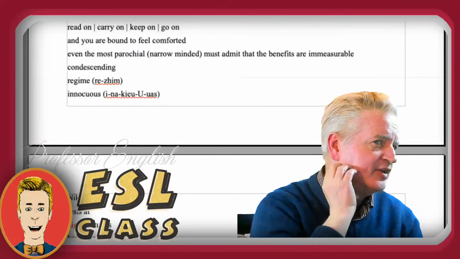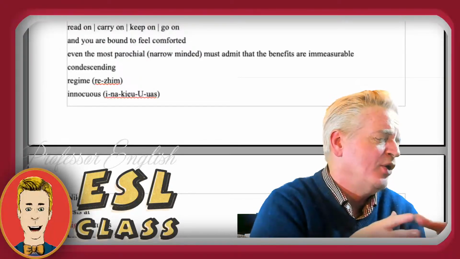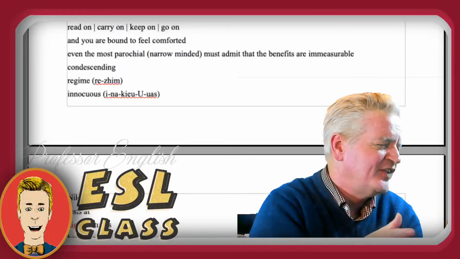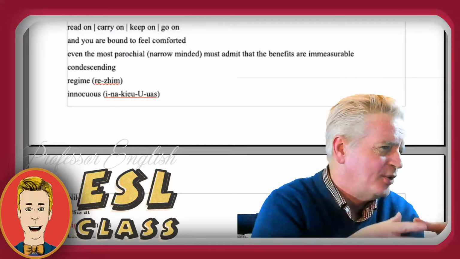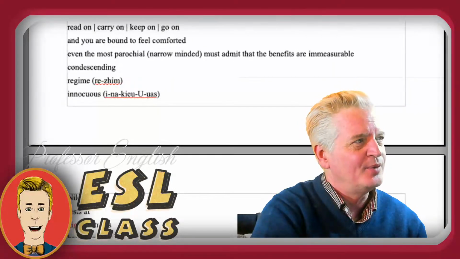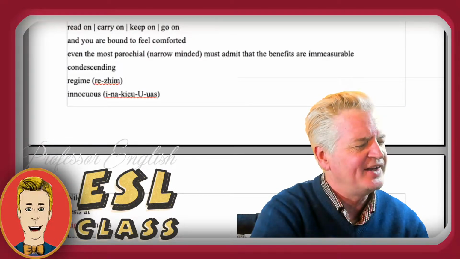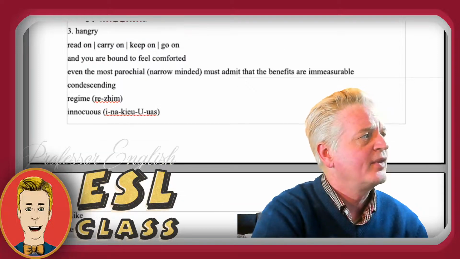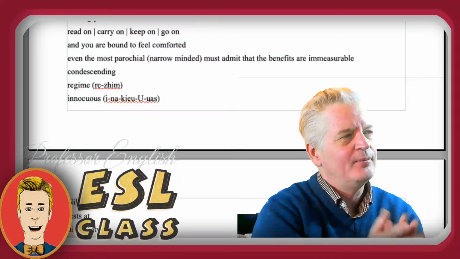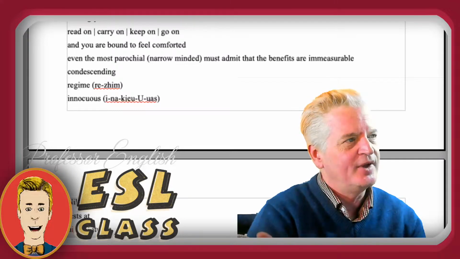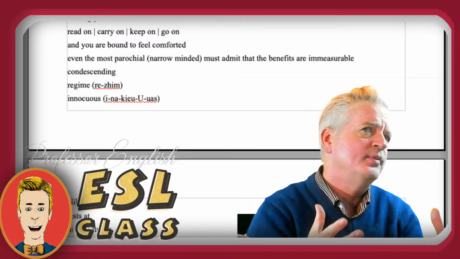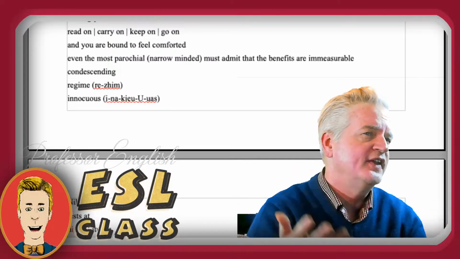That's what parochial means: old-fashioned or very limited in your thinking, because you're from a very small place. It's kind of a negative word to call someone parochial. It means narrow-minded or old-fashioned. So even the most parochial, even the most narrow-minded person must admit the benefits are immeasurable. Even if you are narrow-minded, you have to admit there are benefits to this thing.